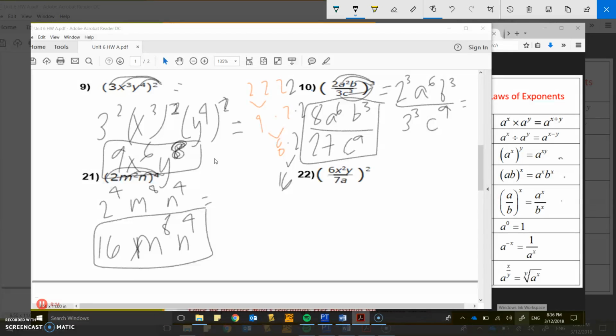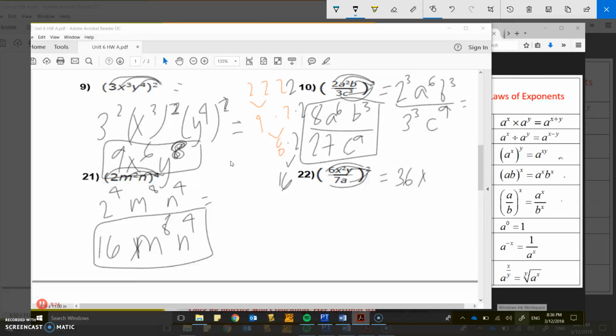Another one. X, Y, and A, not the same base, can't do anything. 6 and 7 don't divide nicely. So all we're going to do is apply this 2 to all of the bases inside the parentheses. To the 6, to the X, to the Y, to the 7, and to the A. So 6 squared, or 6 to the power of 2, 36.